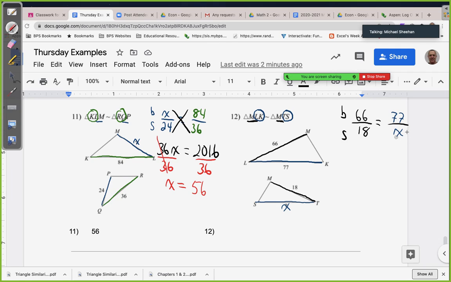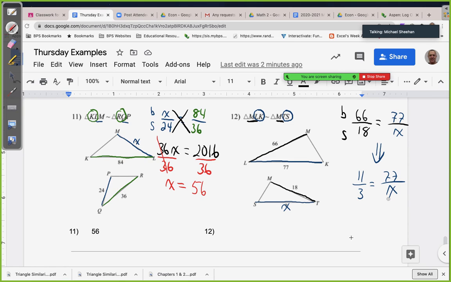If you want to, you can go ahead and cross multiply now. But anytime you see an opportunity to reduce a fraction, you can make your math a little bit easier. If I can divide these two numbers by 6, 66 divided by 6 is 11, 18 divided by 6 is 3.